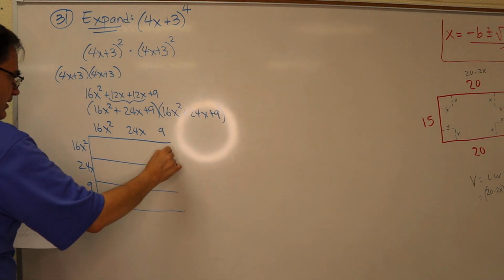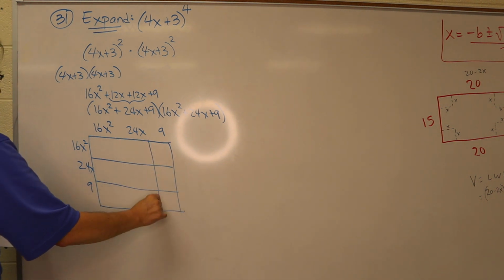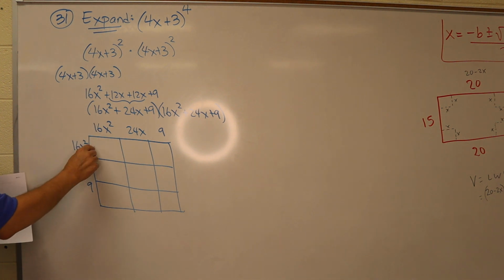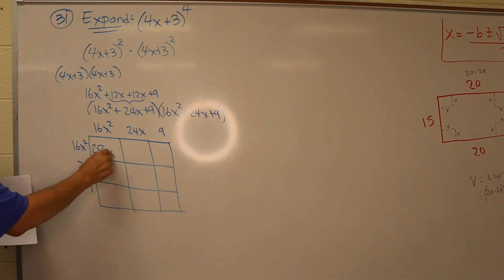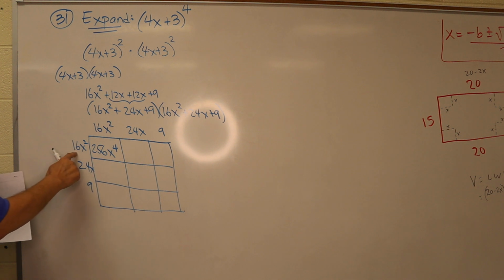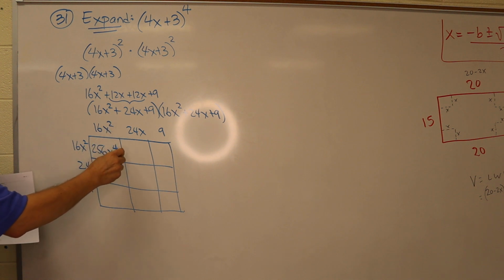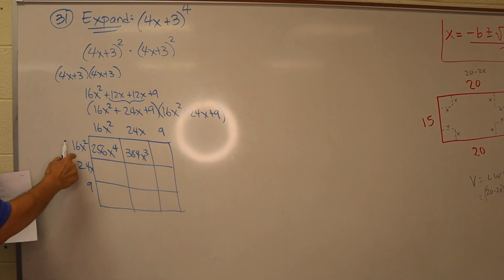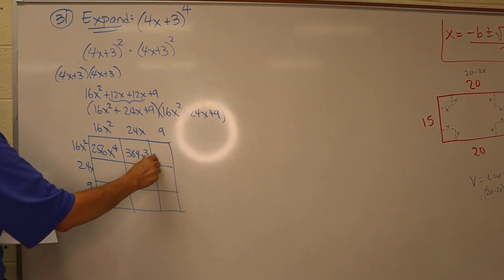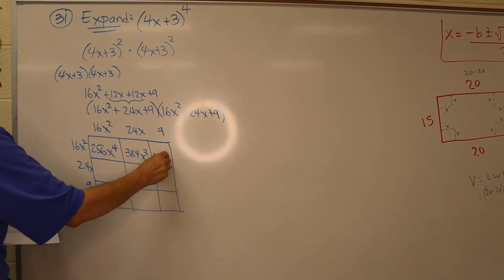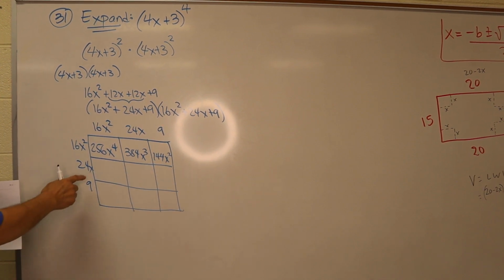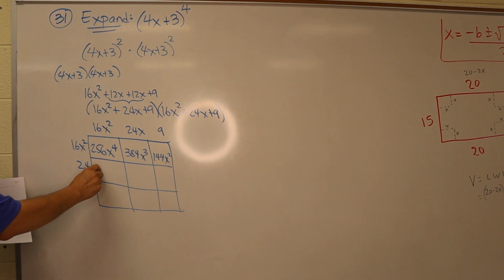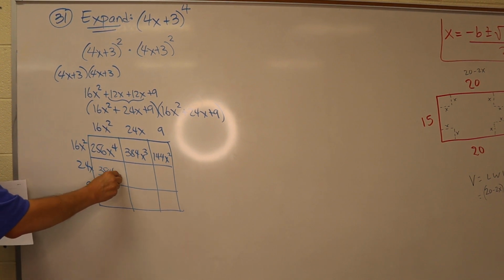We'll make a little box like this, and we'll multiply 16x squared times 16x squared, that'd be 256x to the 4th, and then we're going to multiply 16 times 24, that's 384x cubed, and then 16x squared times 9, that's 144x squared. And then we're going to multiply 24x times 16x squared, that's going to be 384x cubed.